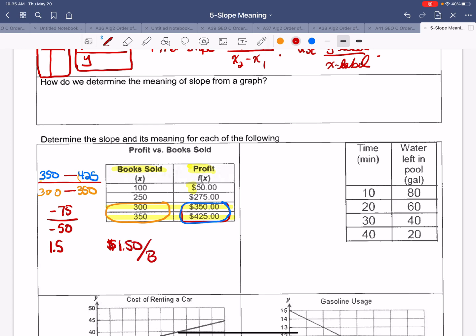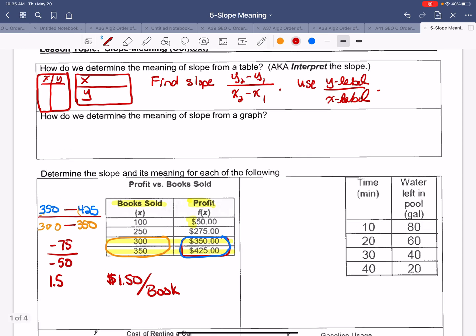Again, going back up to the top, we want to use the Y label over the X label. So when we got our 1.5, it's $1.50 per book. Dollars per book. So that is our final answer for that problem.